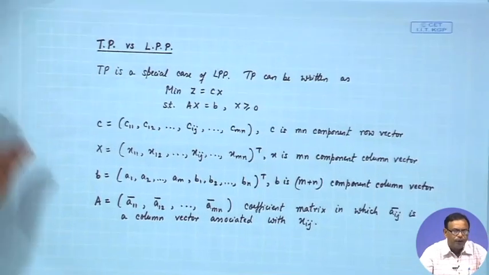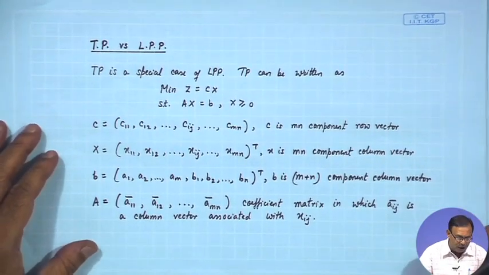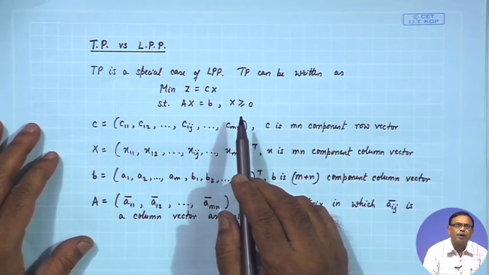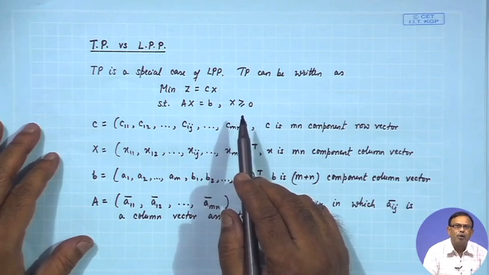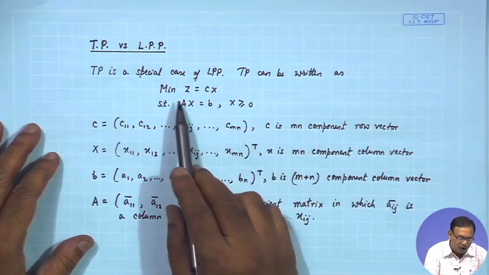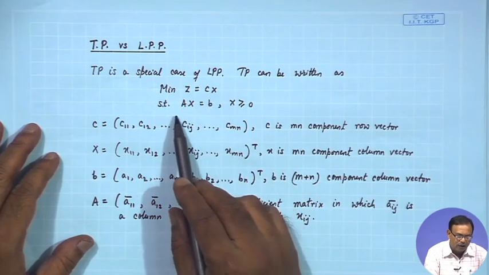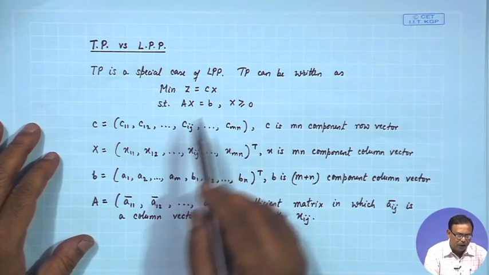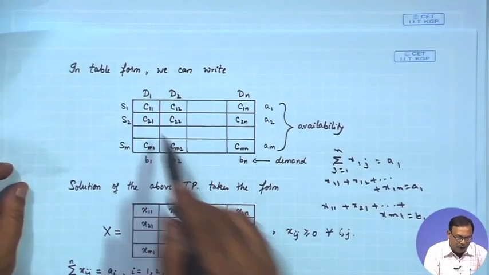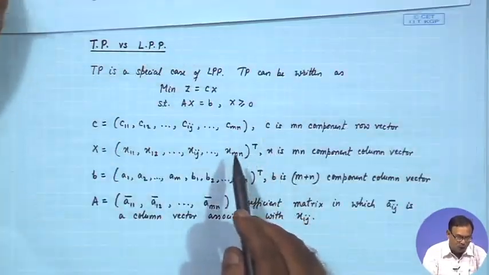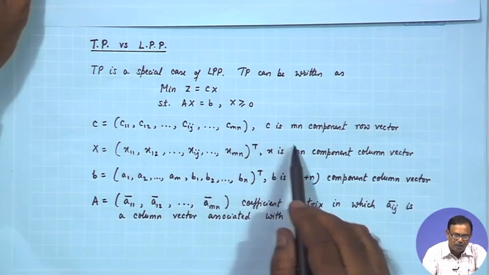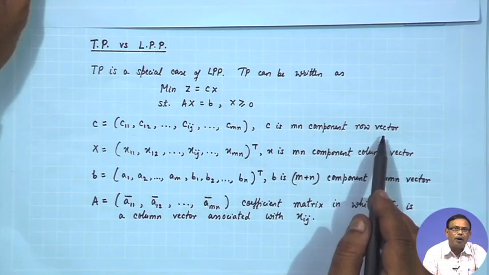Now, if you compare the transportation problem with the LPP, as I told you earlier, the transportation problem is a special case of the linear programming problem. So it can be written in this form: minimize z equals c x subject to a x equals b, where c is your coefficient matrix, written as C 1 1, C 1 2, C i j, up to C m n, an m n component row vector.